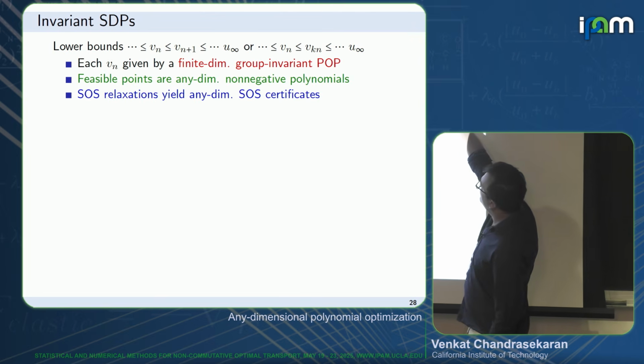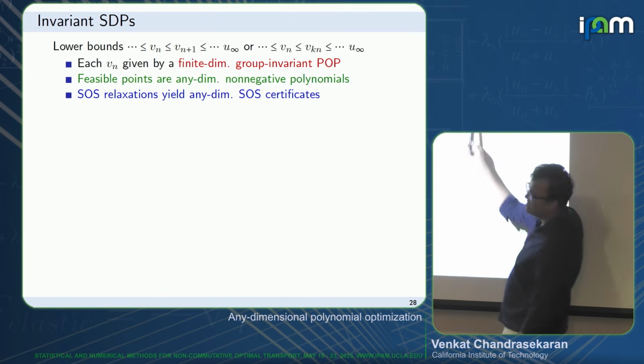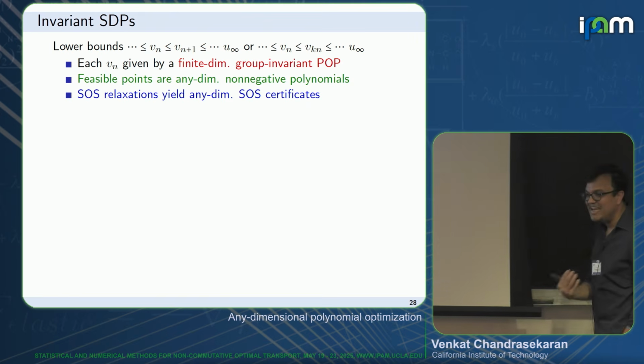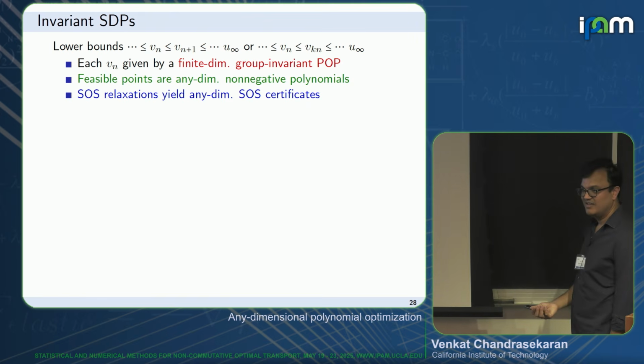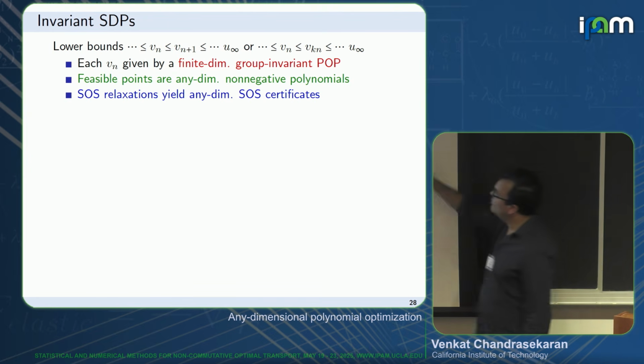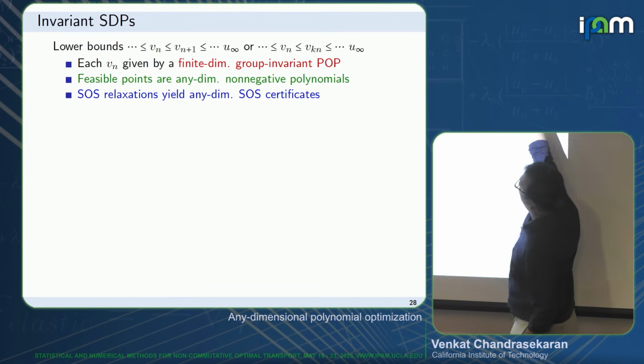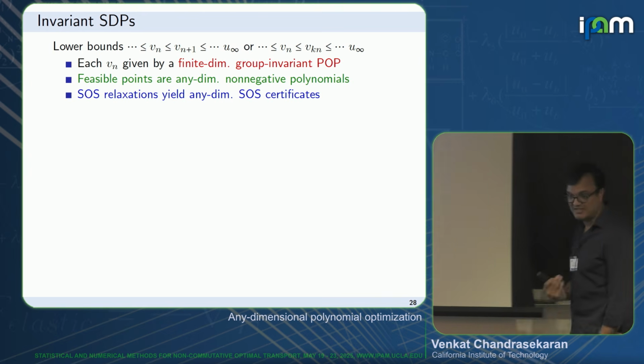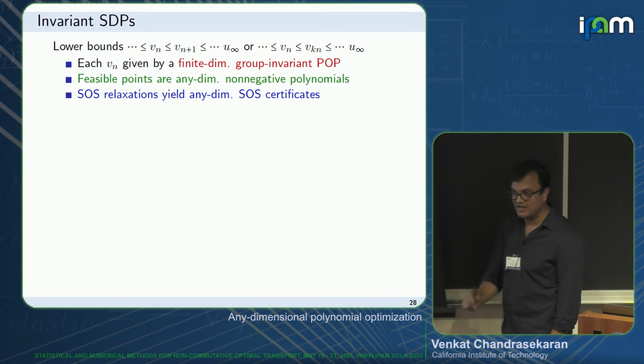If you take feasible points of any of these lower bounding problems, those feasible points are really any-dimensional non-negative polynomials. They're non-negative polynomials or certificates of non-negativity that hold across dimension on the upper bounding side, because they actually provide a lower bound on u infinity.